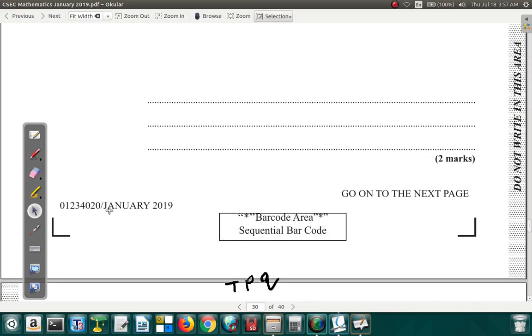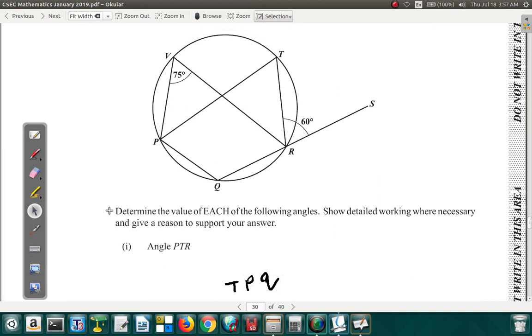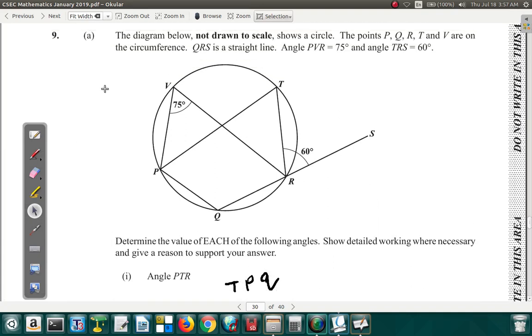That's part 2, right? Part 2, TPQ. Let's see how you deal with that. First of all, where's TPQ? The angle that they want is this. What is this angle equal to?